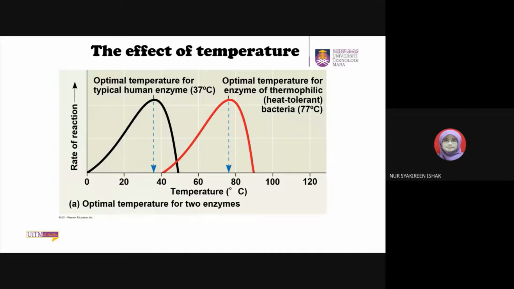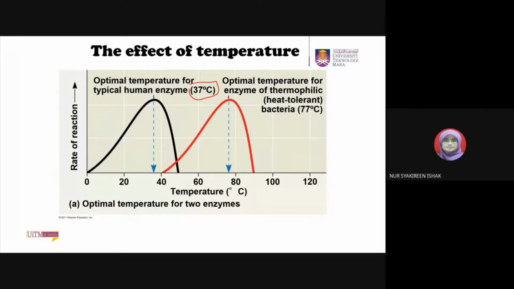Okay, so here I added a few examples, a graph, where you have two different enzymes. So every enzyme has its own optimal temperature. For example, the human body, where the optimum temperature is 37.